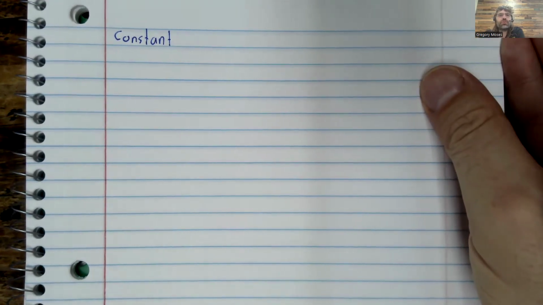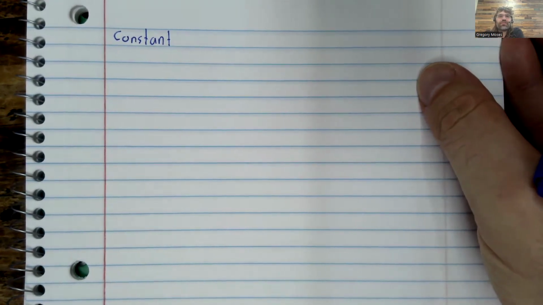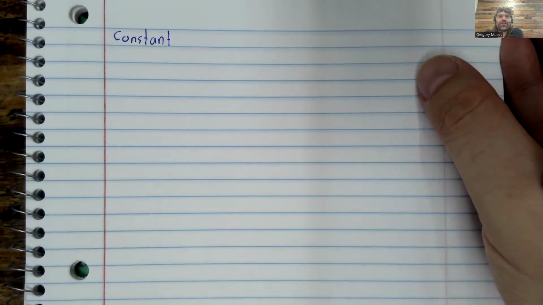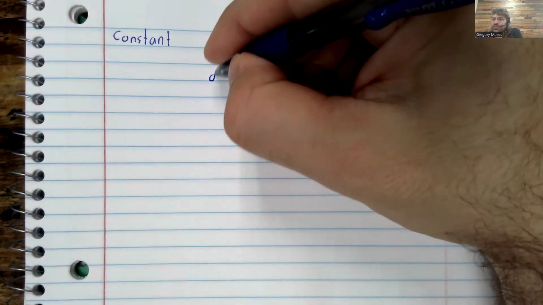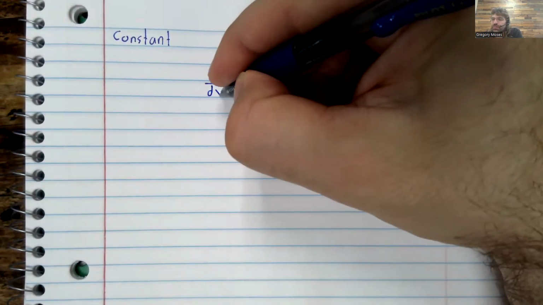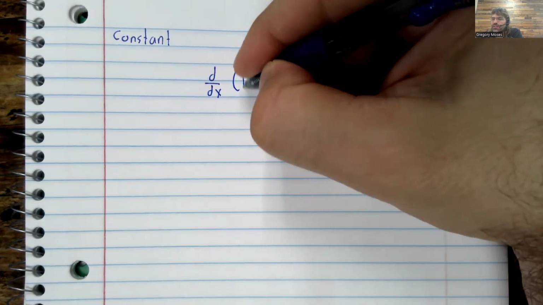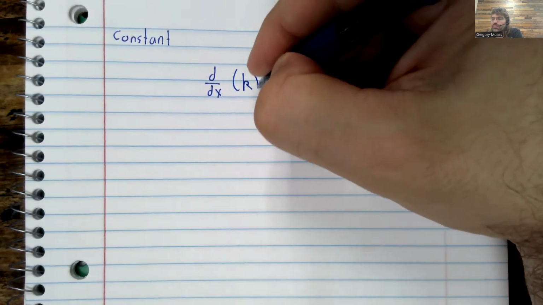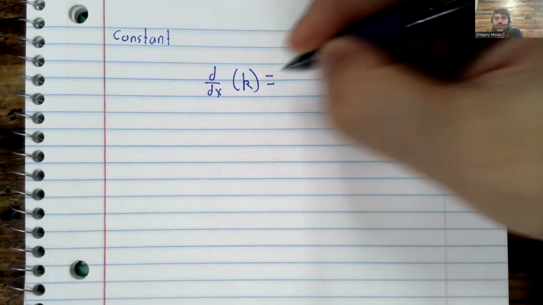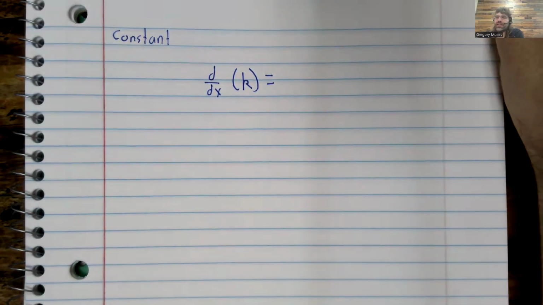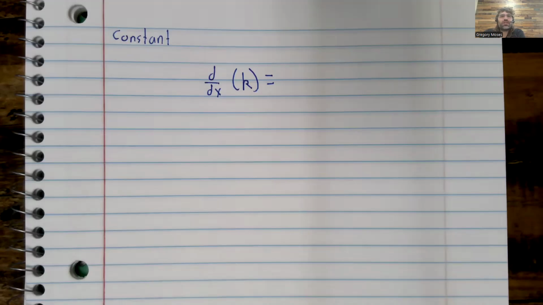The first rule, I hope, makes intuitive sense if we remember that the derivative is a rate of change. What is the derivative of a constant? Well, it's kind of right there in the name. Constant functions are constant. They don't change.